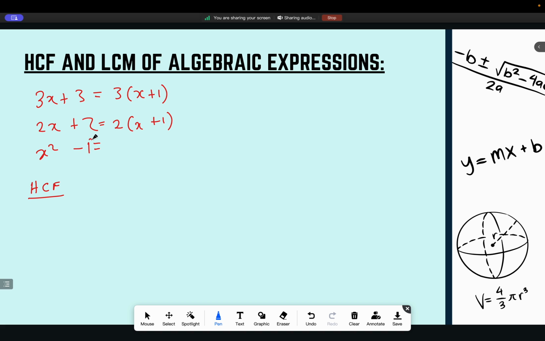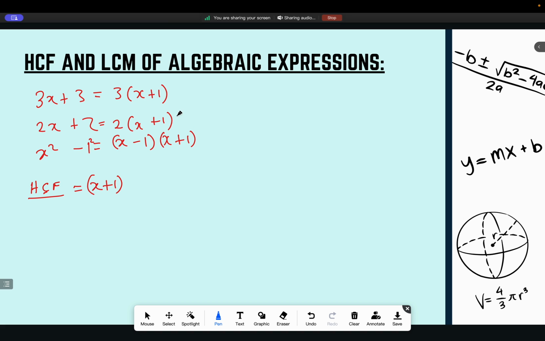This can be 1 squared, so this will give us x minus 1, x plus 1. Now we can work with this. For HCF we want to see a common factor first. So we have x plus 1, x plus 1, x plus 1 as common. So our HCF here is x plus 1.